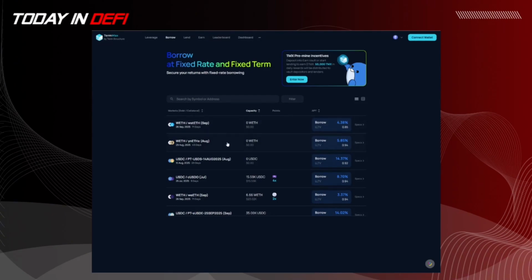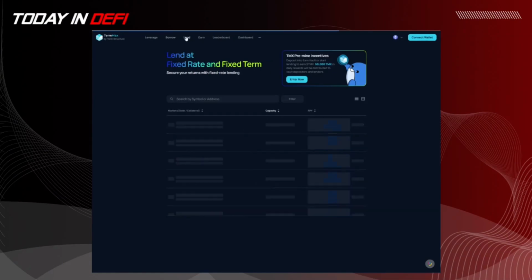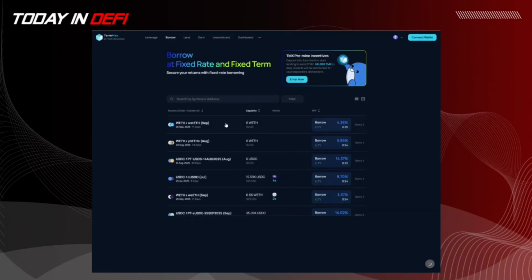The Termax approach, different from Term Finance, is that they set up the liquidity pool first, and then they hire market makers to place orders and therefore bootstrap the liquidity within the pool. Therefore, whoever wants to lend and borrow can just come to the pool and be sure that there's always going to be enough liquidity for them.